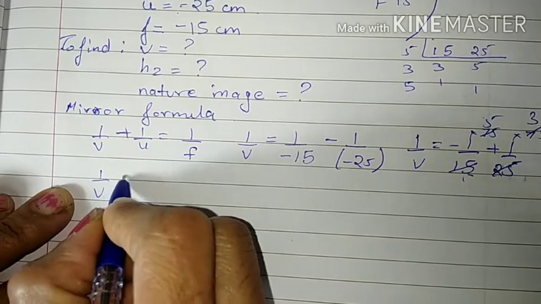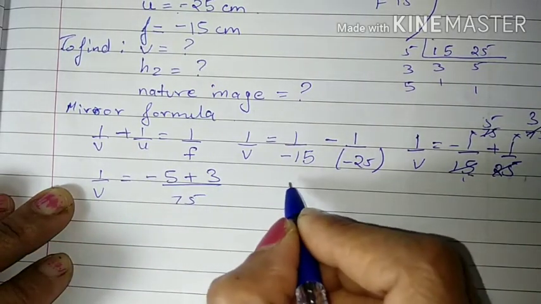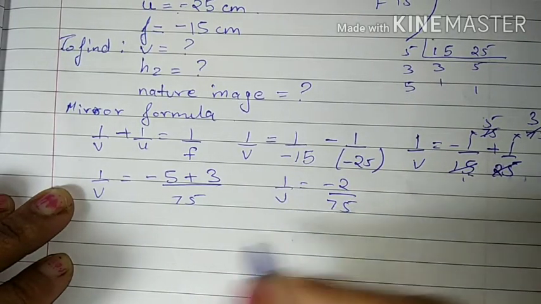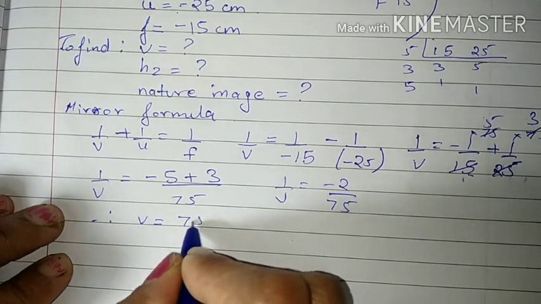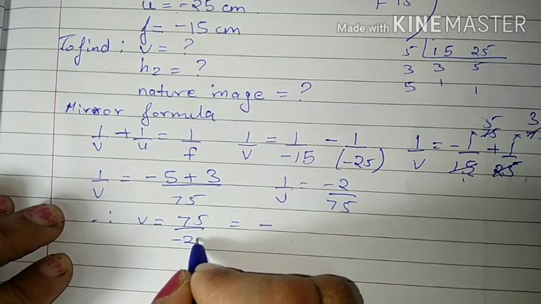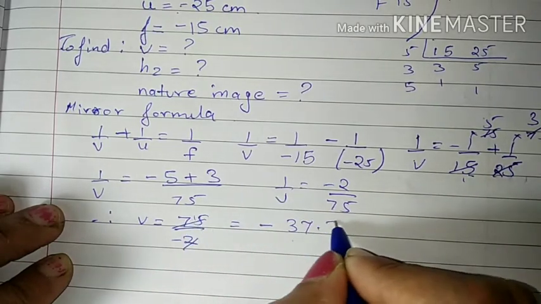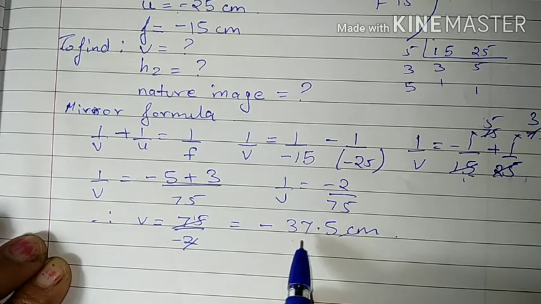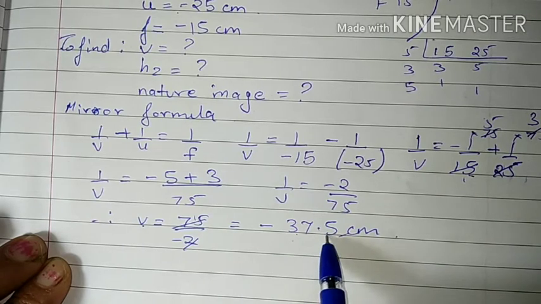So you get 1 upon V is equal to minus 5 plus 3 upon 75. Okay, so we get V is equal to minus 37.5 centimeters.